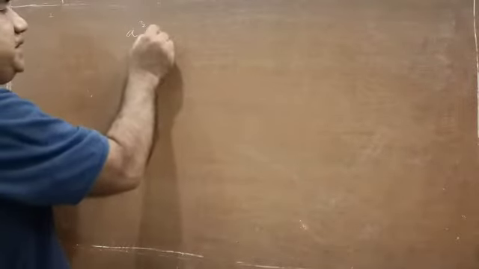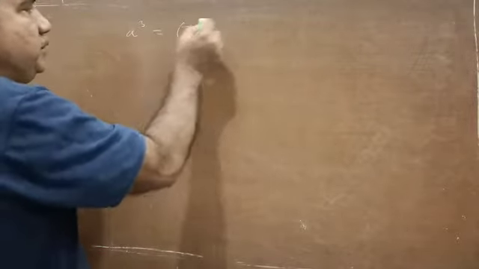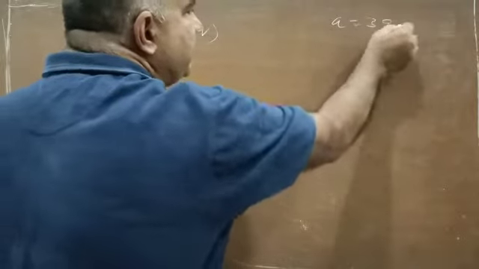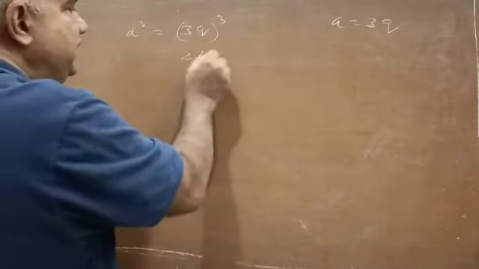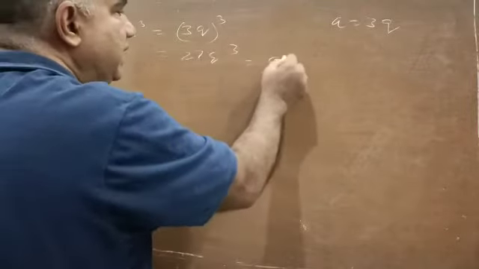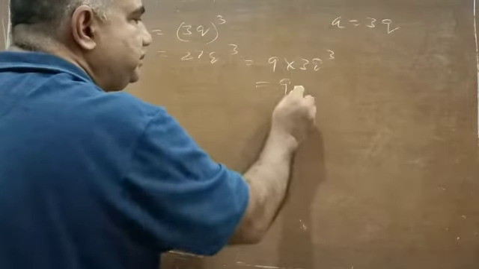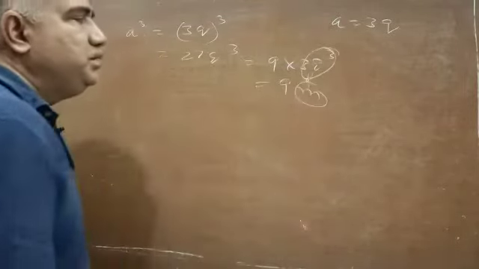Now if I take cube of a, because we were suggesting take cube, so when a is 3q, then a cube is 27q cube. This is 9 into 3q cube, and I can write 9m, where m is 3q cube.